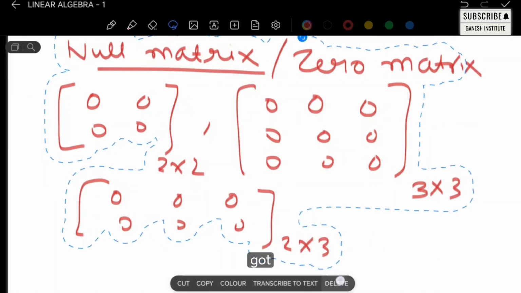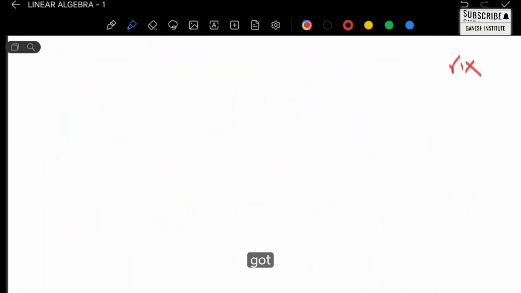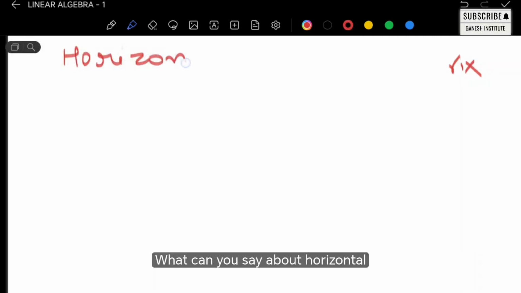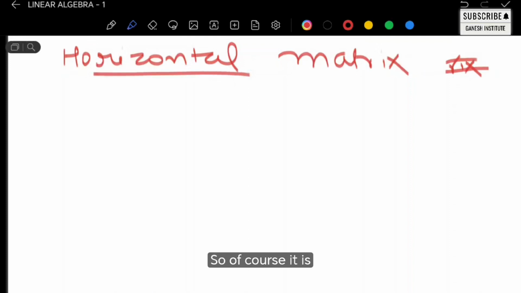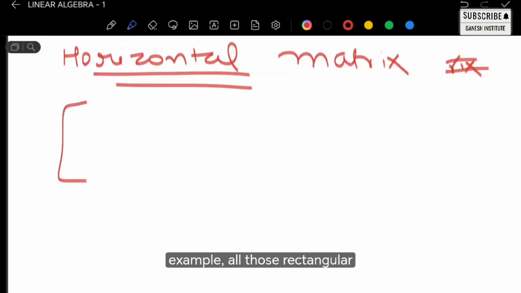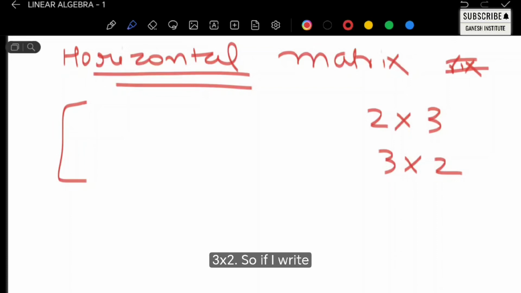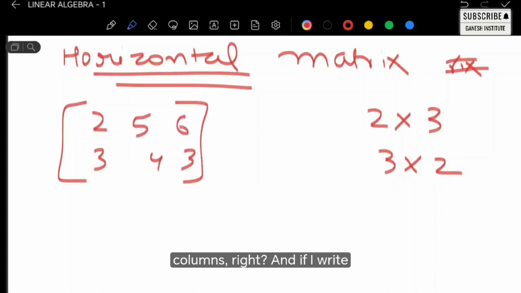Then what have we got? Horizontal matrix. What can you say about horizontal matrix? Of course, you can see by the landscape that it is horizontally written. So, for example, all those rectangular matrices, for example, I'm writing 2 by 3 and 3 by 2. If I write 2 by 3, that means I have 2 rows and 3 columns, right?